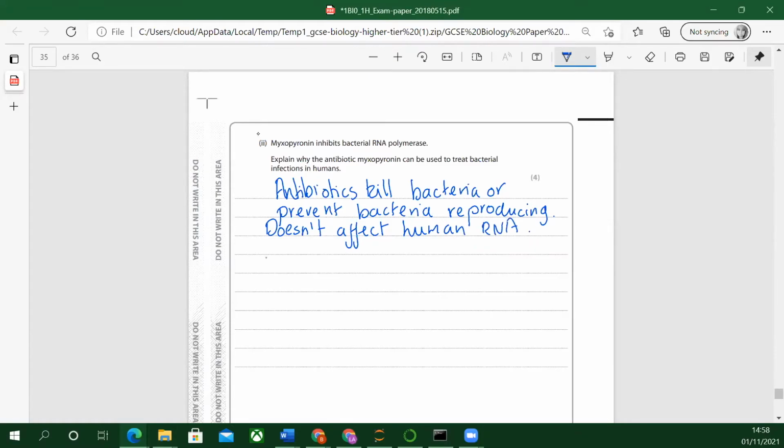So prevents transcription in the bacteria.